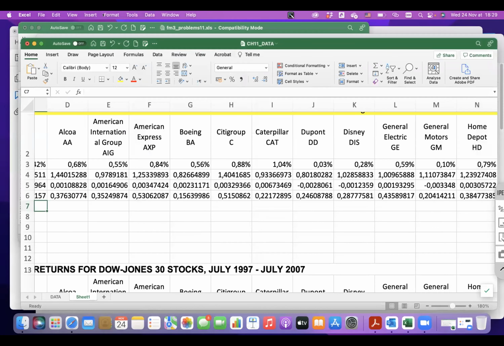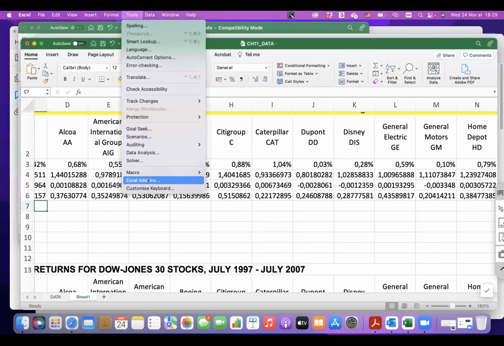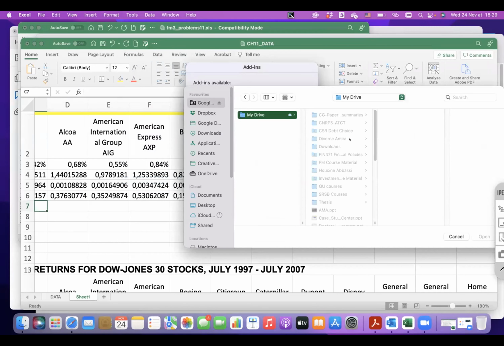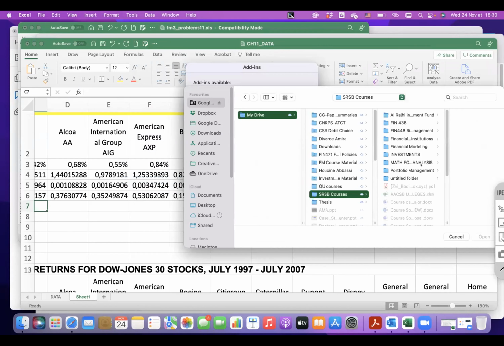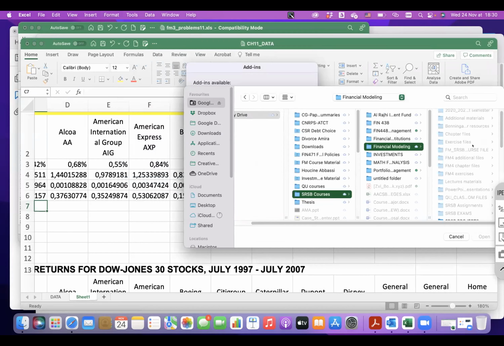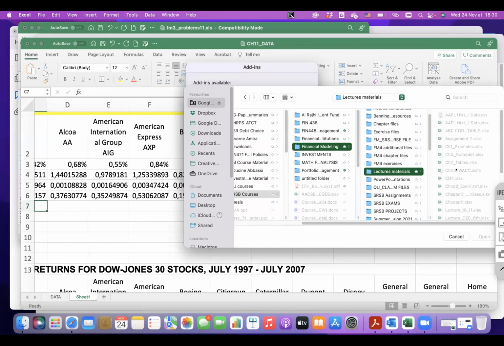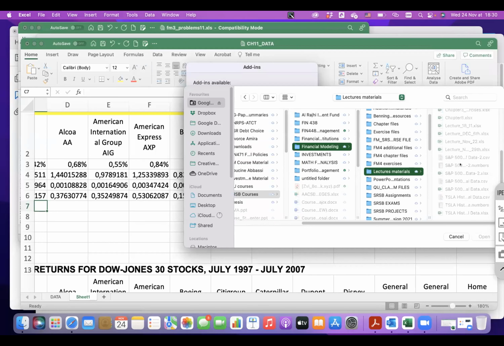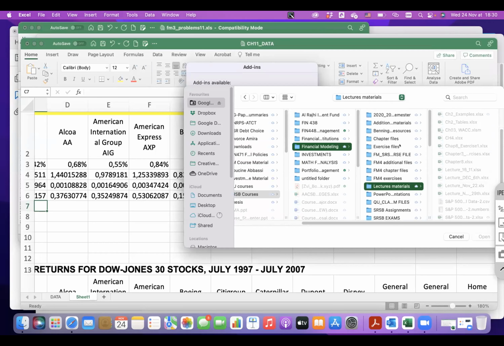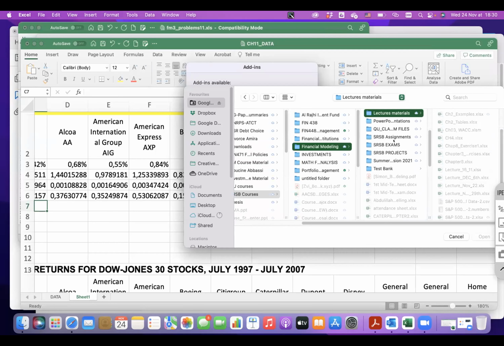So we go to Tools, Excel add-ins, Browse. I saved it here.